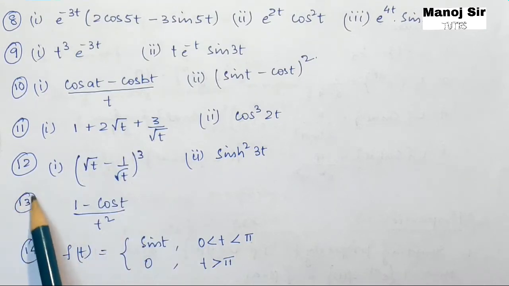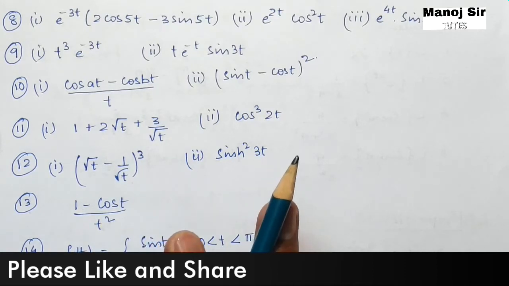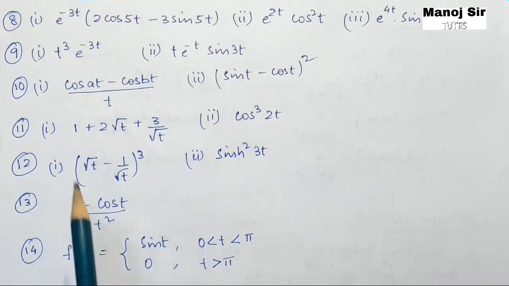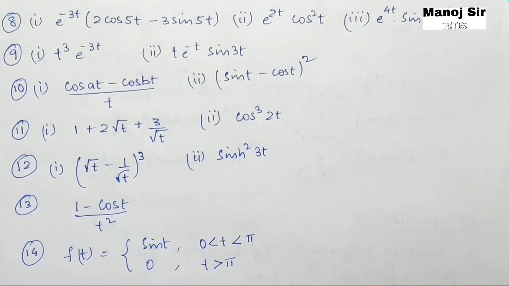In video number 13 you will get a very important question because it contains t square in the denominator, which means we need to divide this 1 minus cos t twice with respect to t. Because of this t square, this question is most important. Believe me, questions 11, 12 and 13 are the three most important questions.